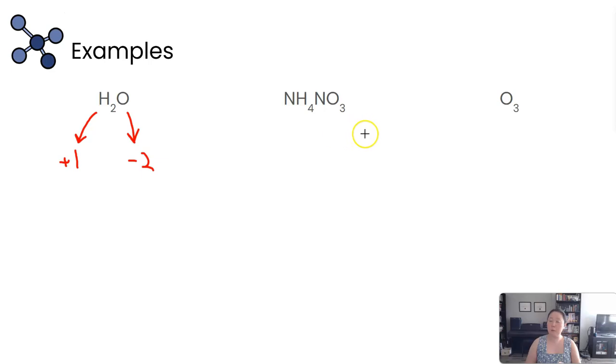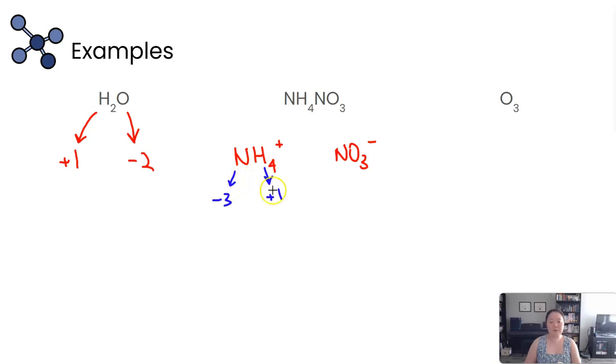Alright, for our ammonium nitrate, we're going to first take this ionic compound and split it into its ions. And then we're going to treat these ions separately. So in this particular one, you have your nitrogen and your hydrogen. From here, you can say, oh, hydrogen is +1 because it's not with a metal, but also based on the fact that nitrogen is a more electronegative element. Nitrogen has 5 valence electrons, so you need 3 more electrons to fill up that octet.